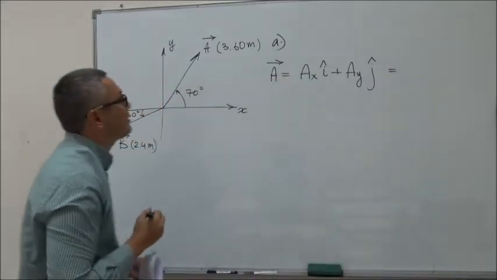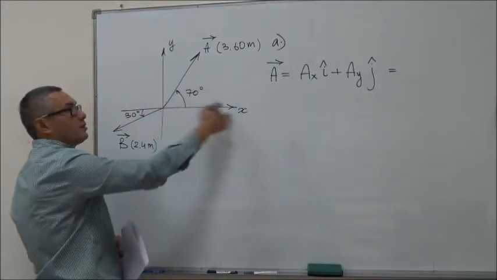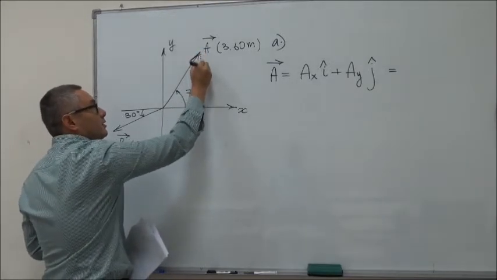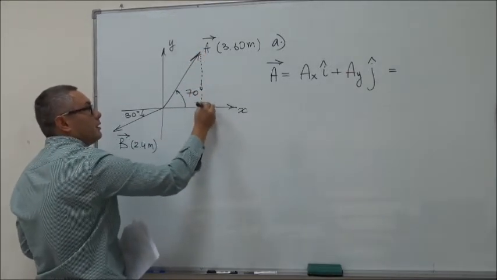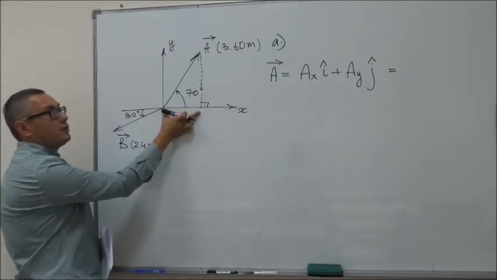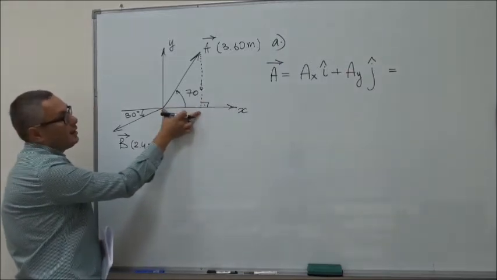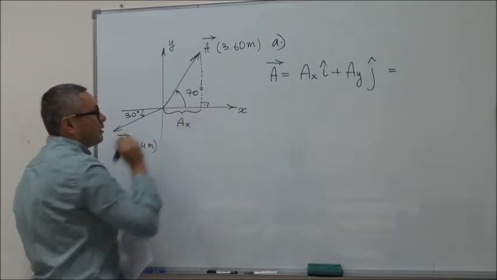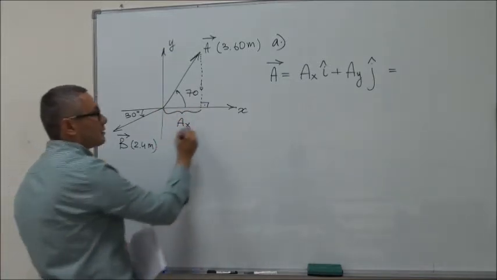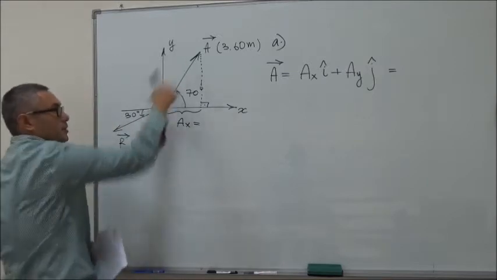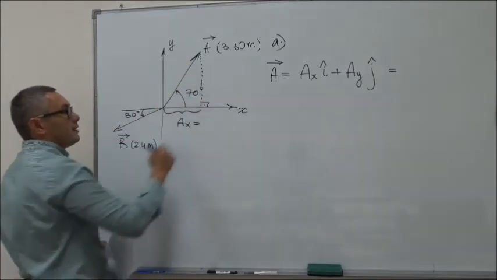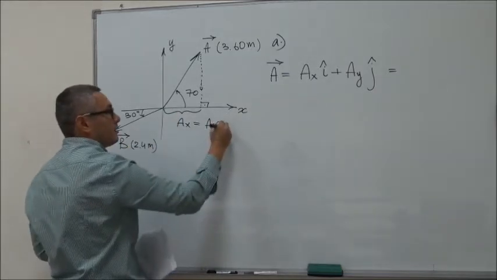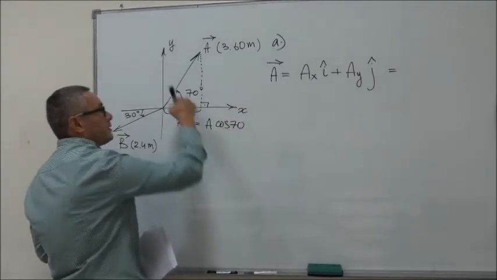Well, Ax is simply the projection of the A vector on the x-axis. So, if I take the end of the vector and drop a perpendicular here, the length of this side of the triangle is the Ax projection. This is my Ax. And this Ax, if you just observe this triangle, is equal to the length of the A vector times cosine 70.